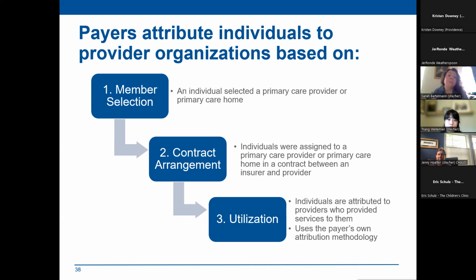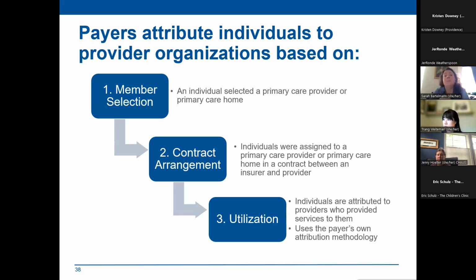The second tier of attribution is contract arrangement. If there is a contract where the provider organization is responsible for certain members, those members are attributed in that way. And third, there's a utilization-based algorithm, based on a payer's methodology of how they attribute based on utilization. There are a whole bunch of different ways to do that, and it varies by payer.